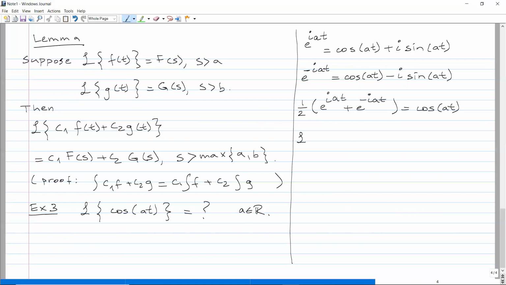So the Laplace transform of the cosine function is going to be one half times the Laplace transform of e to the iat plus the Laplace transform of e to the minus iat.